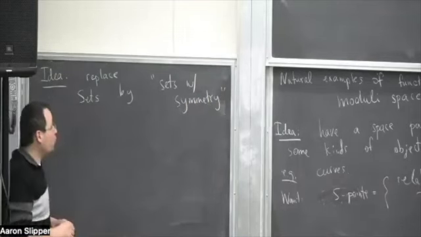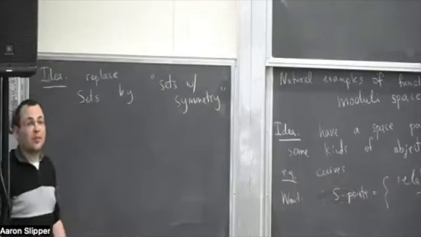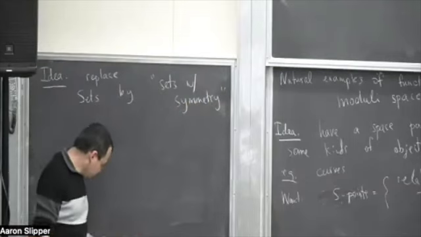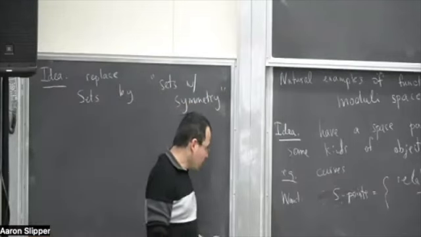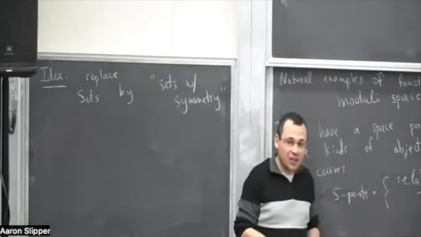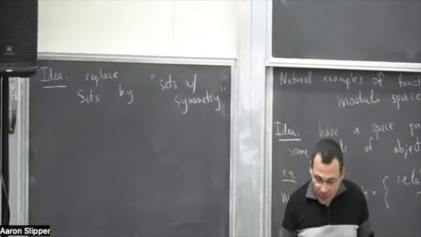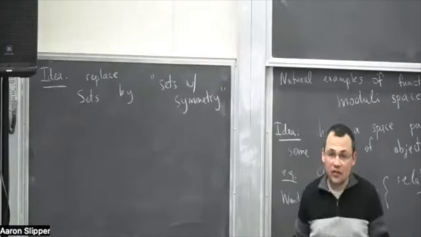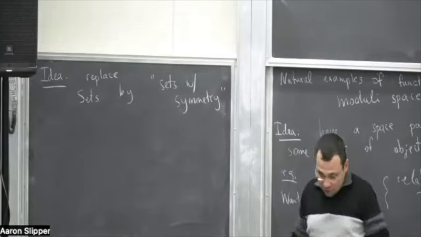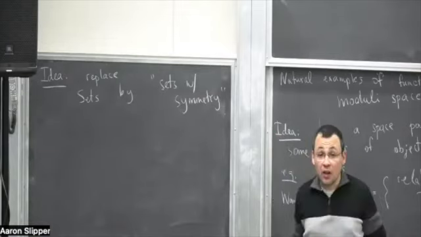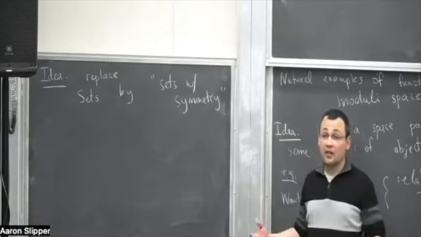So what do I mean by a set with symmetry? Typically, from an early age, we're taught that the mathematical way of encoding symmetries is through groups. But there's something a little bit more general, which is relevant here, which is a groupoid.